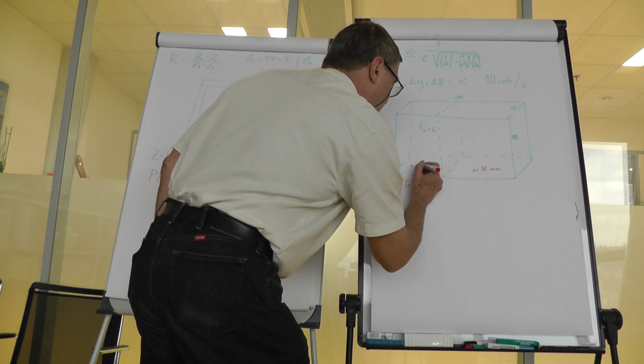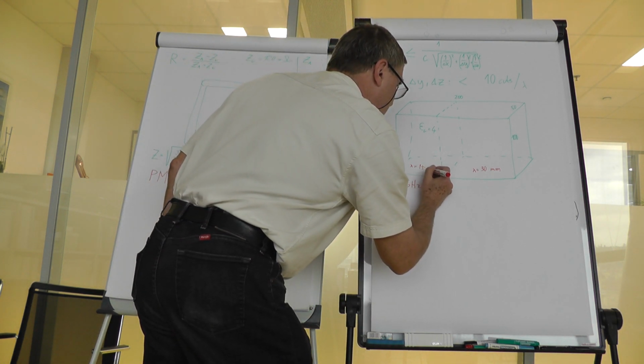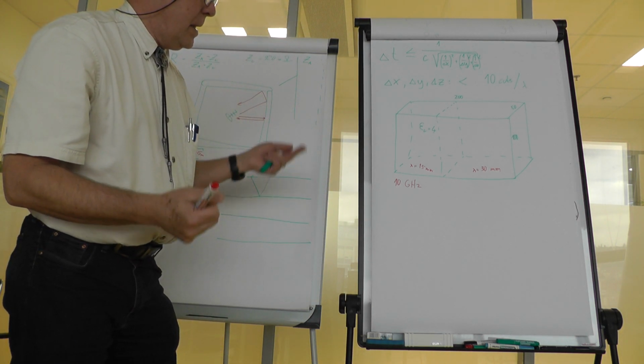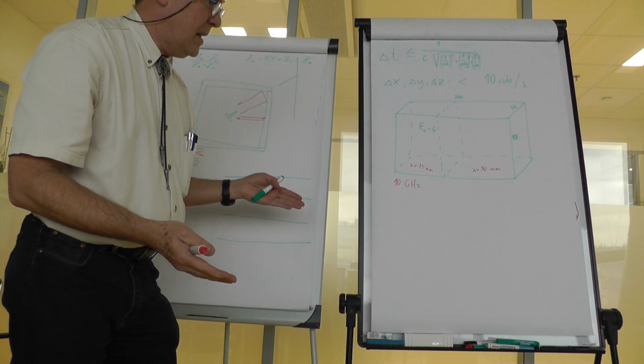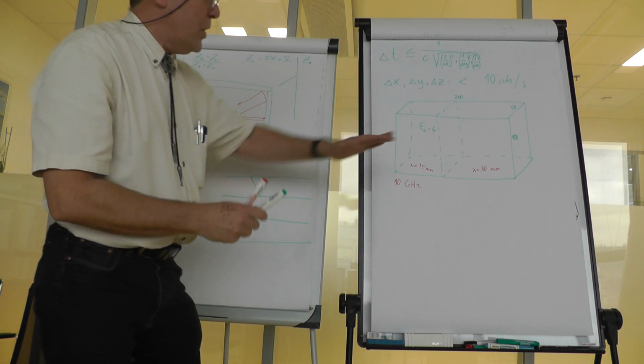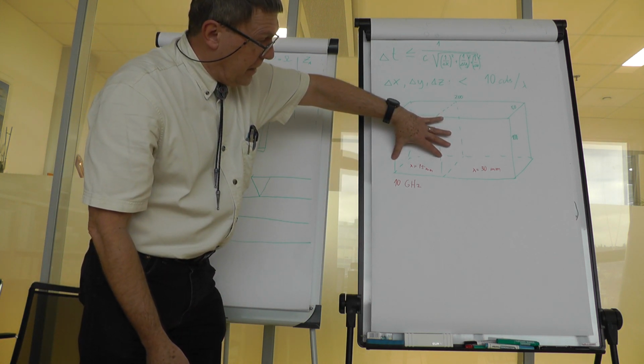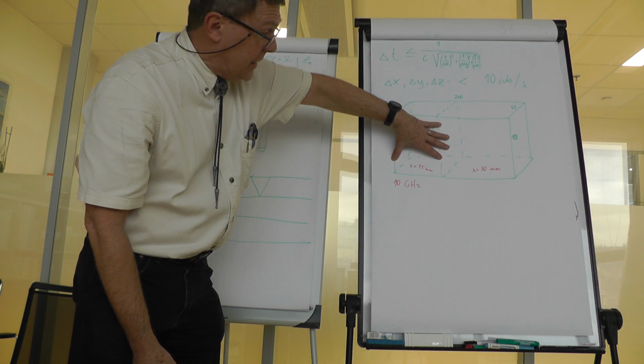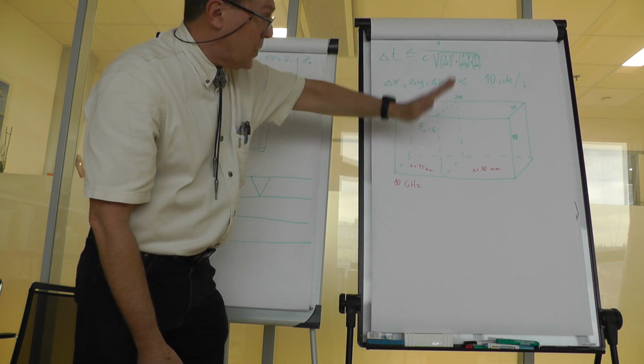So the wavelength would be 15 millimeters. So now, if we choose the discretization step, we should obey the condition within the denser part of the area we want to solve.